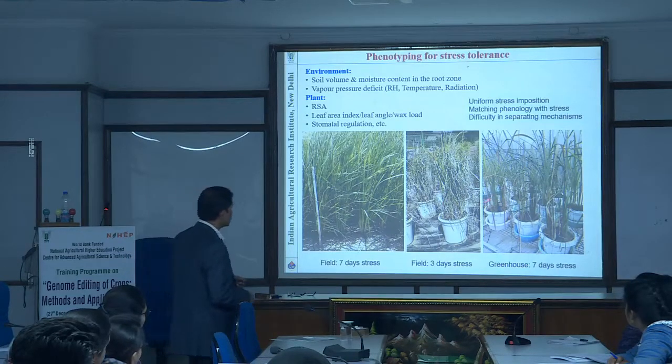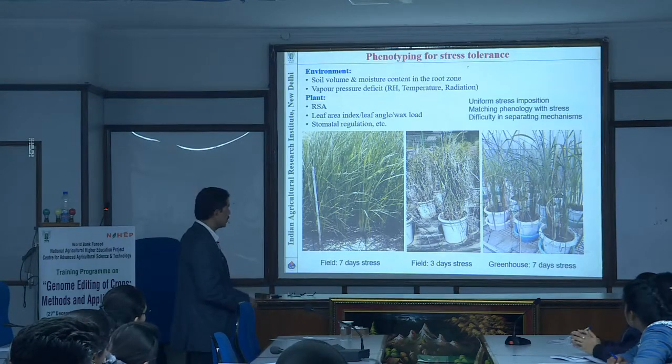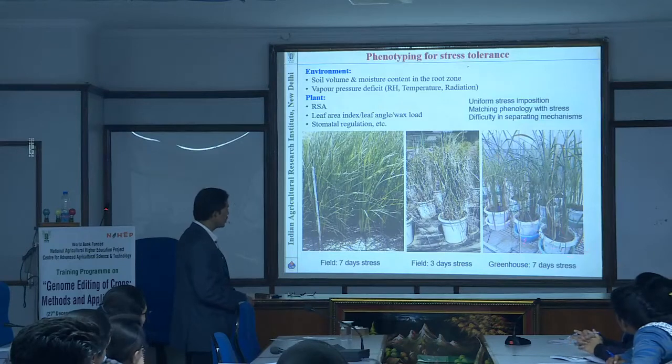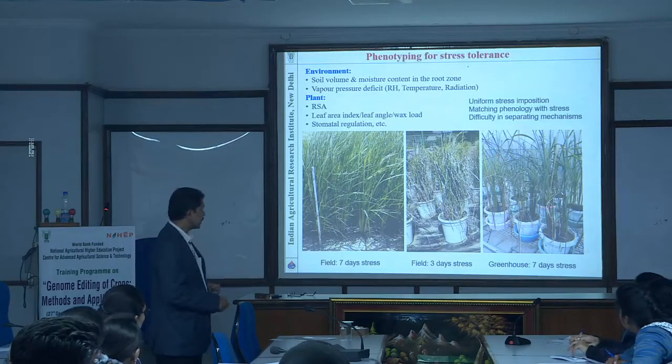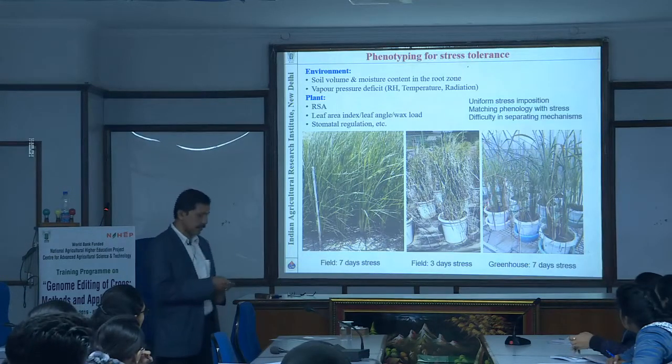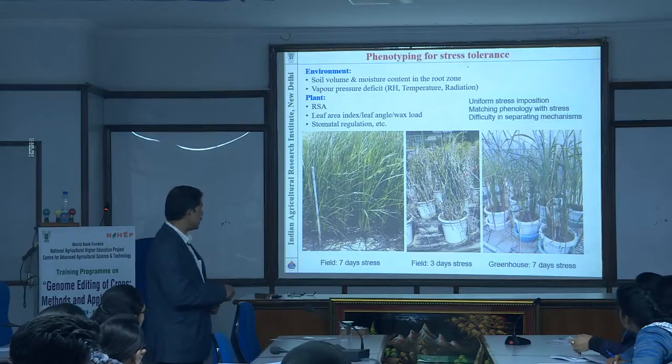When it is initially small and subjected to stress, this plant is going to use less water, even if it is not tolerant. It will have a lot of moisture reserved in the pot, which can be used in later stages. So it is critical to check that the leaf area is the same when you compare genotypes, and the vapor pressure deficit is similar.